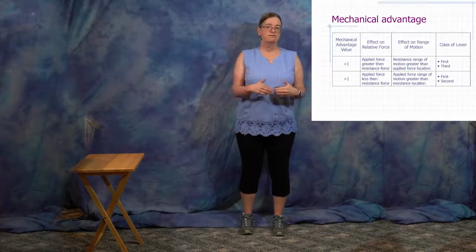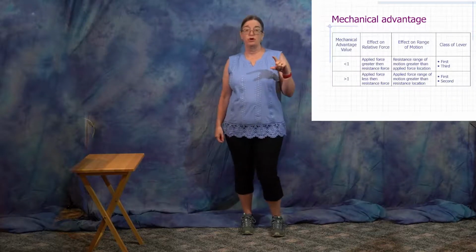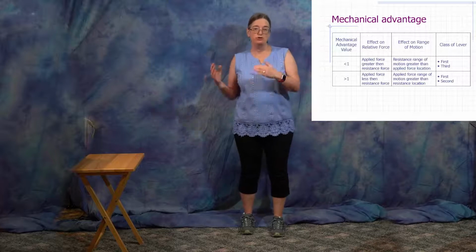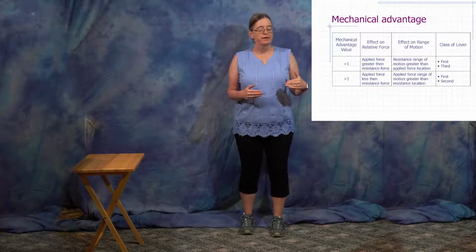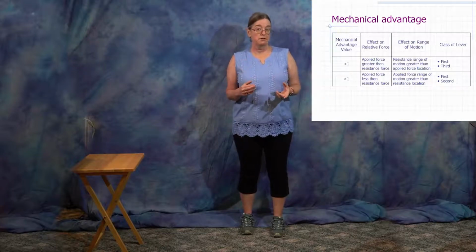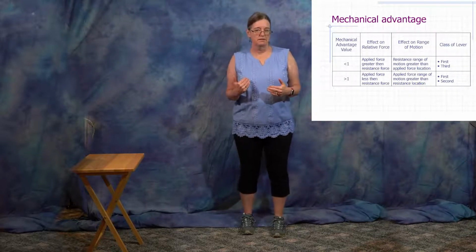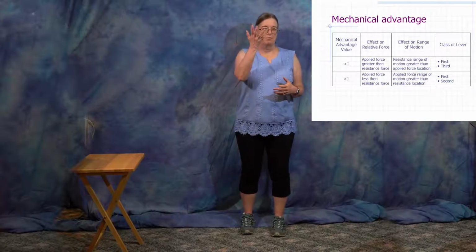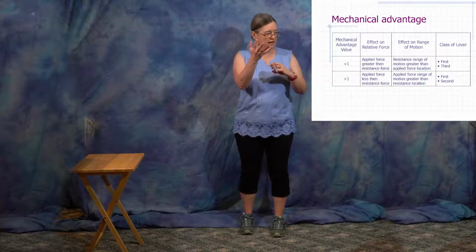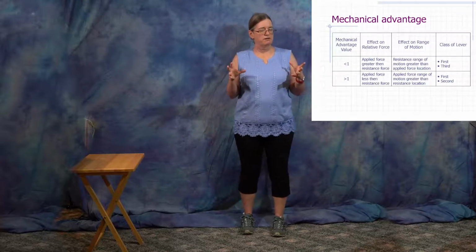If the mechanical advantage is less than 1, which you can get in a first, and you do get in a third, it means that the applied force has to be greater than the resistance force. So the applied force is going to be greater than the actual load. It does mean we have great advantages on that range of motion, as I discussed, but not on force.